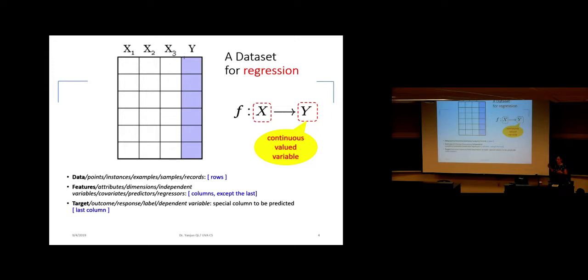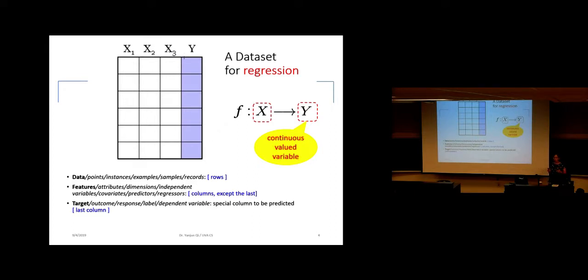Just to review what we learned before, we call the rows data. We use rows to represent data, samples, instances, records. They all mean the same thing. And we use all the columns except the last column to represent features, variables. I think they're also called regressors, independent variables, or covariates.